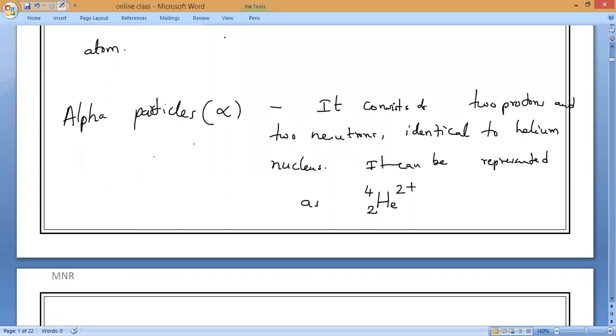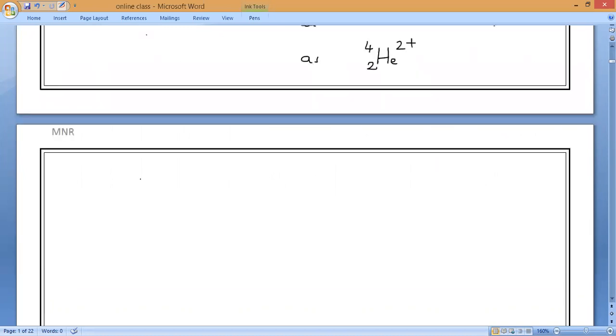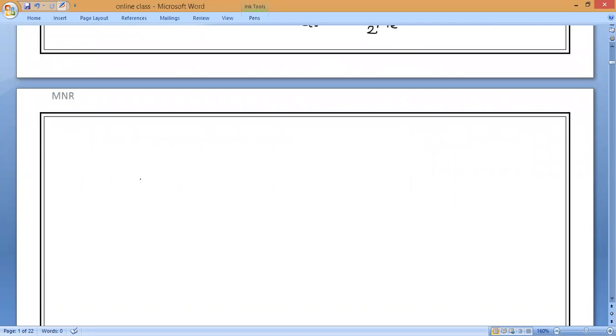Right. Next model. This is the last model, the one we are still using even presently. That is what we call Bohr's atomic model. Okay.